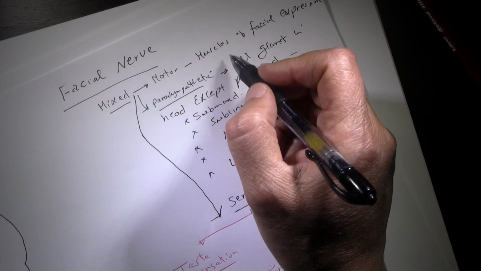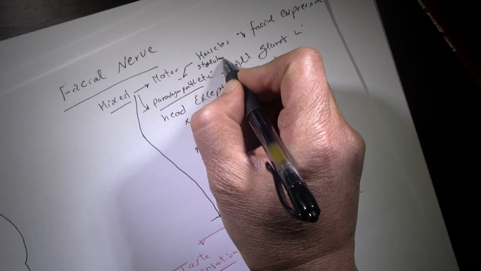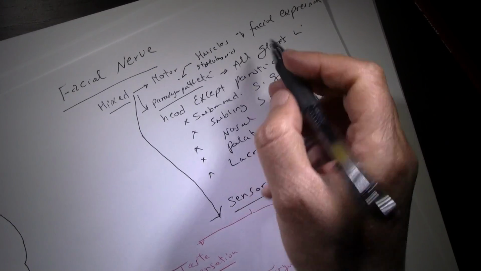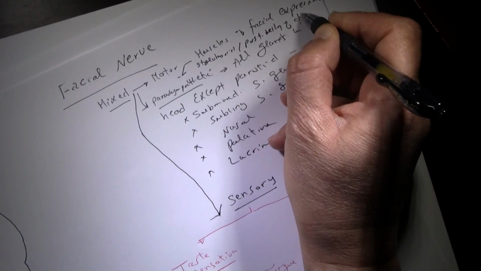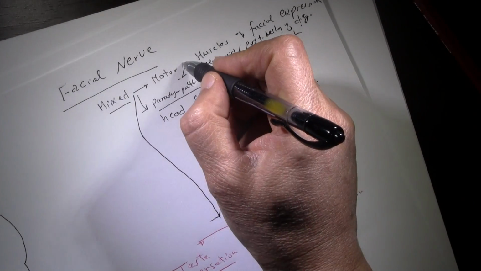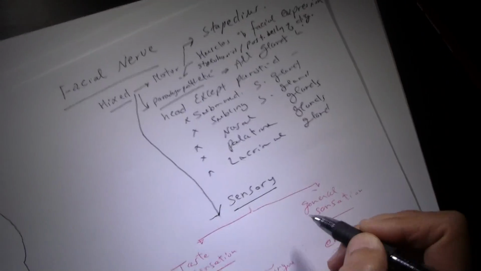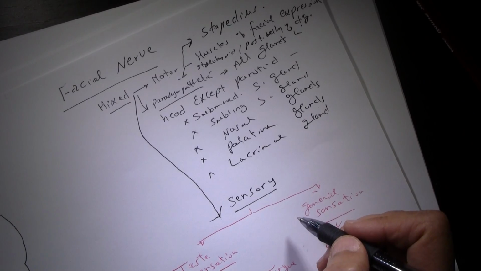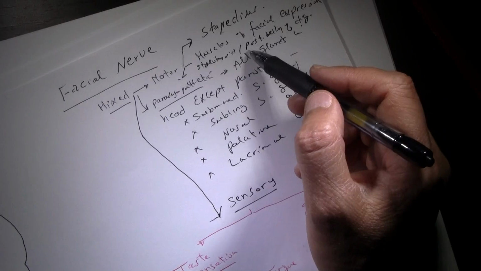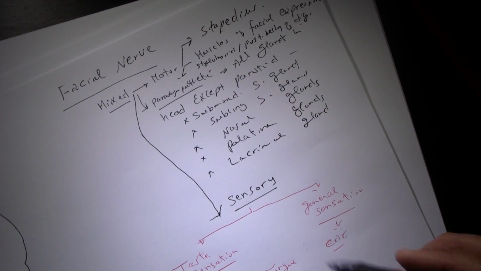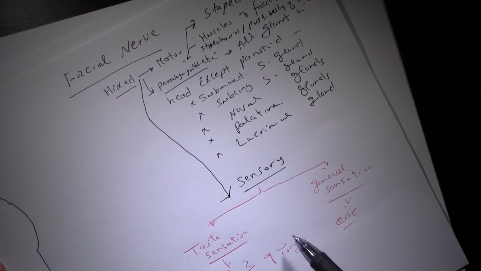In addition to the muscles of facial expression, it supplies the stylohyoid muscle, the posterior belly of the digastric, and also the stapedius muscle, which is located in the petrous bone inside the ear. Parasympathetic supplies all glands in the head. Then sensory: you have taste sensation and general sensation.